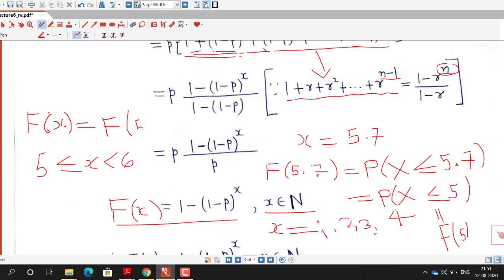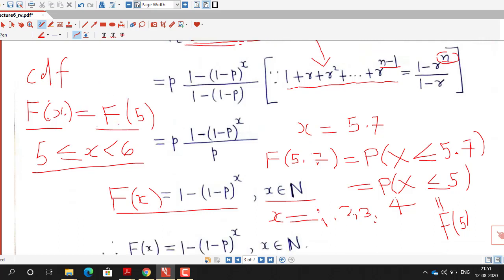This we have discussed in an earlier lecture also. If x is any real number between 5 and 6, then the value of the function becomes constant between these two positive integers. So the CDF is always constant between any two positive integers, and it has a jump at every positive integer.